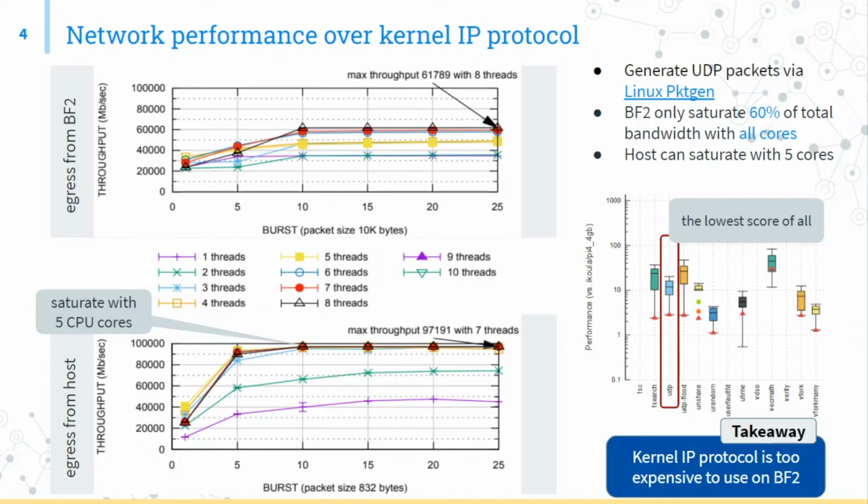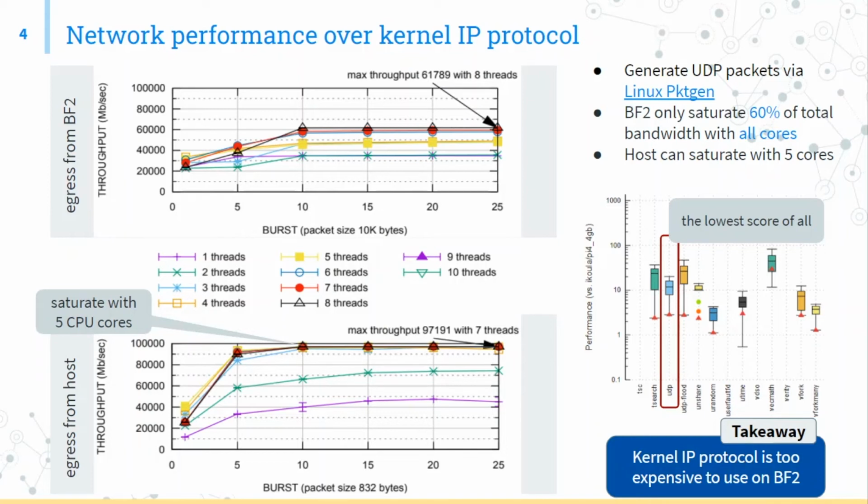In this test, the BlueField-2 card can only saturate 60% of the total bandwidth, even with 4 CPU cores and a large packet size of 10 kilobytes. On the contrary, the host can saturate with only 5 CPU cores with a packet size of 832 bytes.